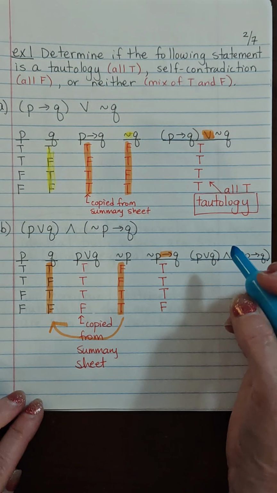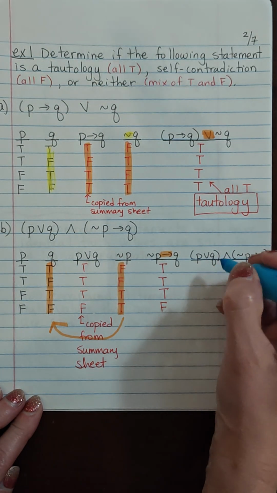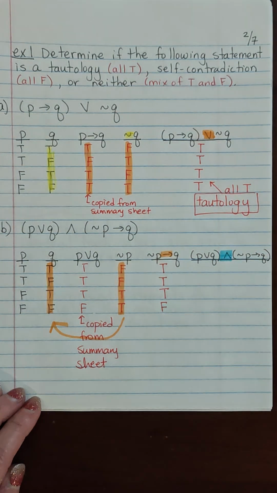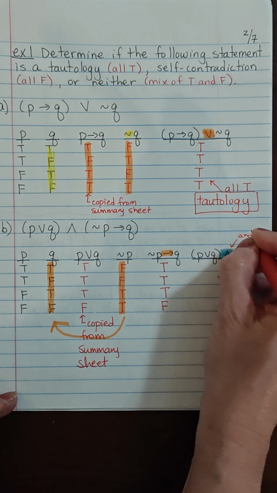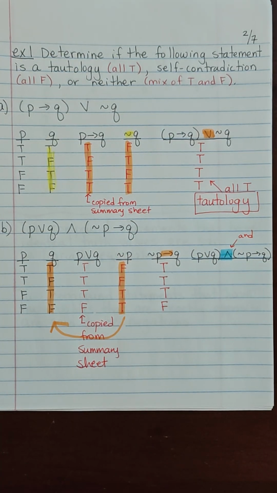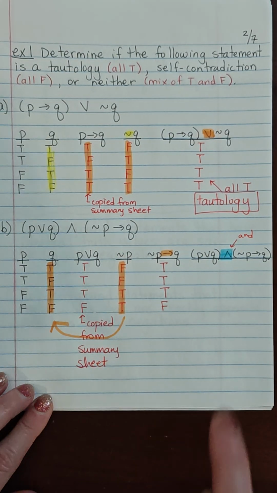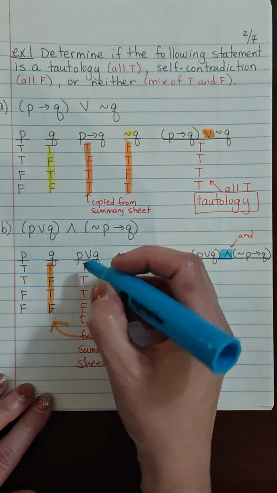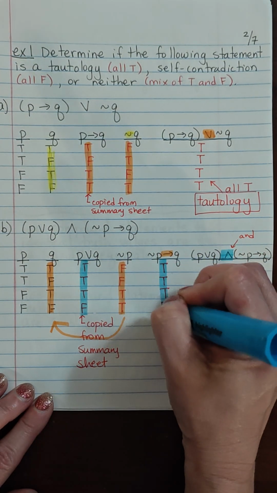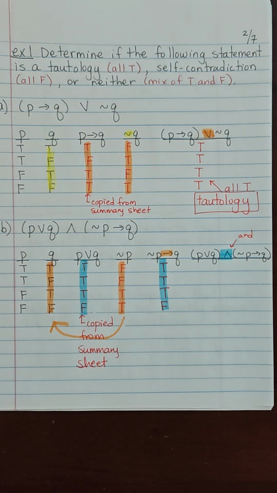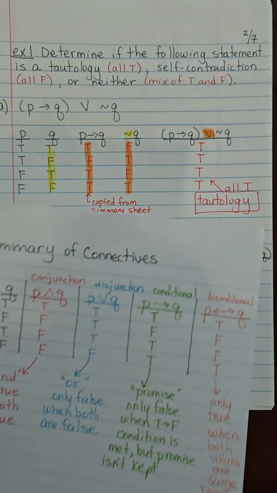All right, and then this last column, as messy as that looks, it's really just one operation. It's just that conjunction, that and, of two columns. So it's the P or Q column, so it's this stuff, and then it's this conditional that we just did. So I'm going to do the and for those two blue columns.